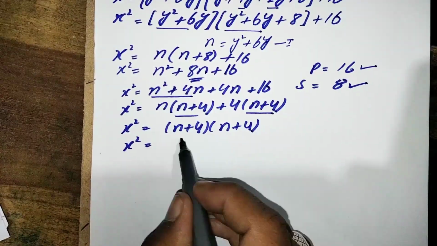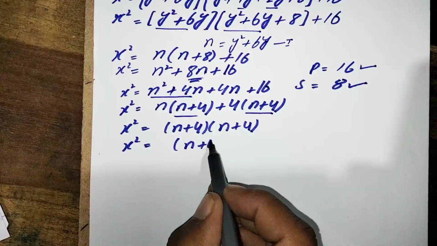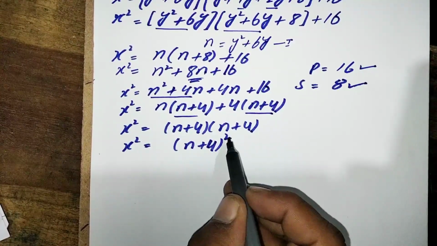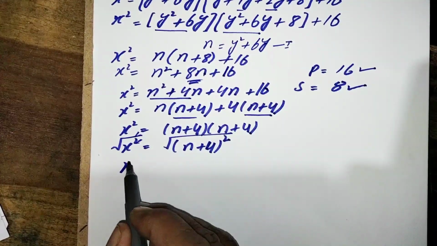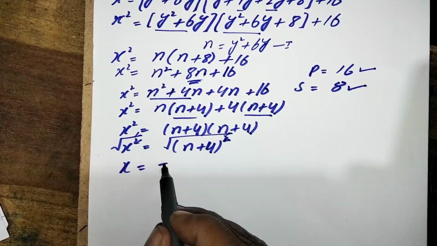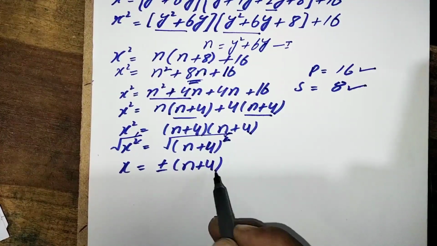Now these two are the same and multiplied to each other, it becomes n plus 4 whole square. We take a square root on both sides, so it becomes x equals plus minus n plus 4.